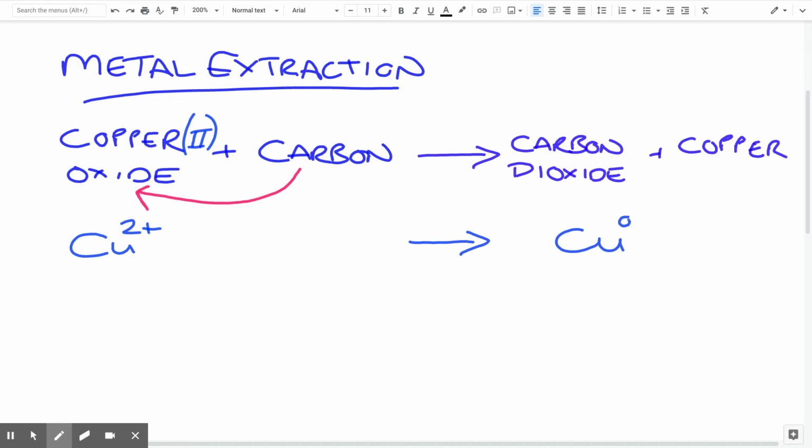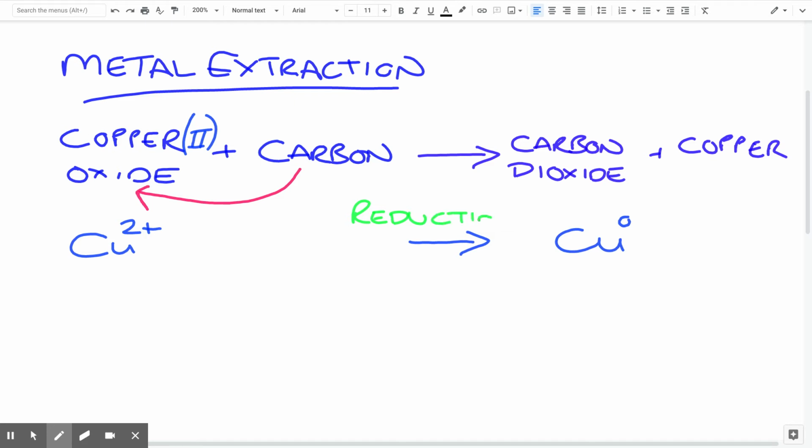And we can see from here that the copper 2+ is having its charge reduced, lowered from 2 positives to a 0 charge, neutral, and that is what we regard as a reduction reaction. The copper 2+ is reduced.